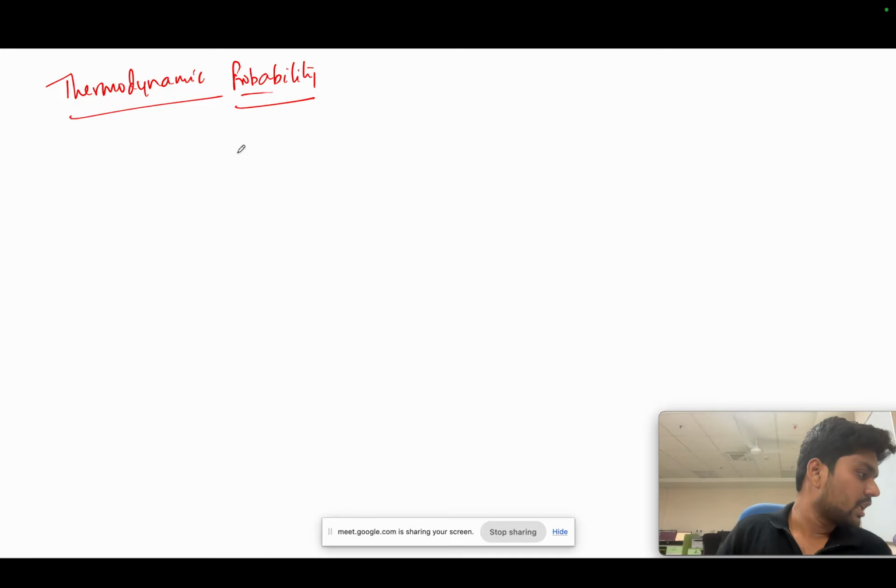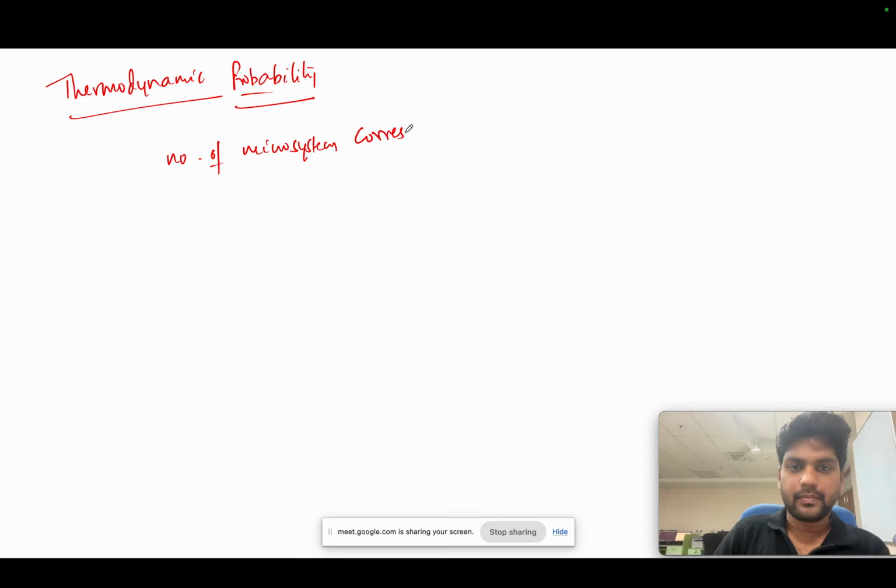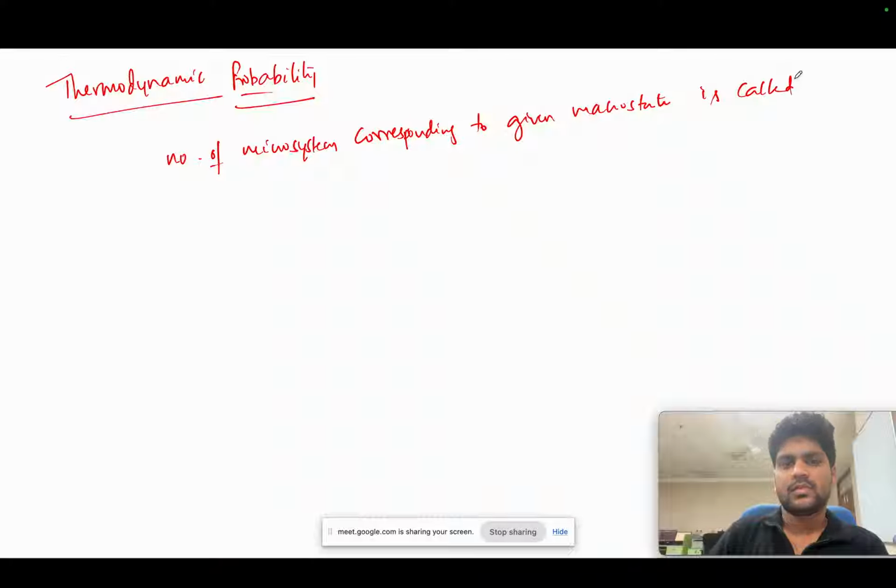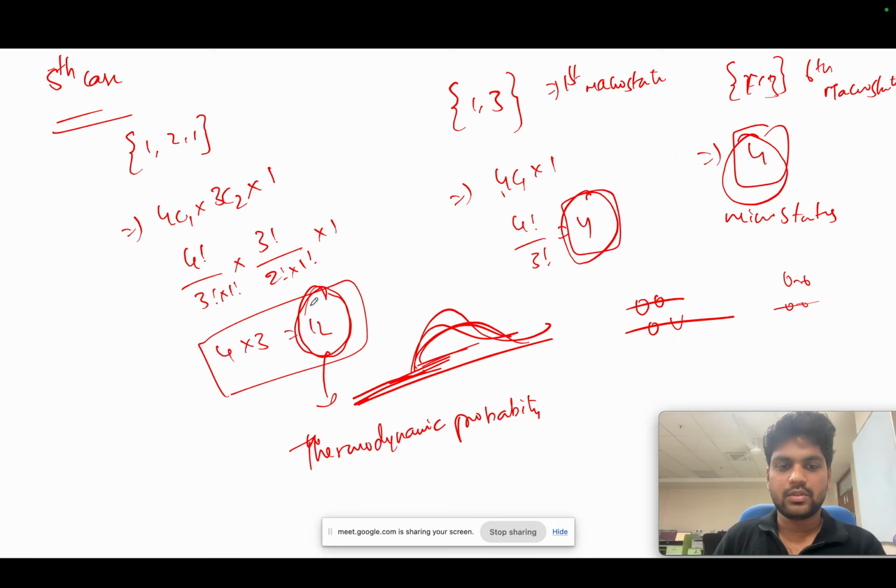So what does it say? The number of microsystems corresponding to a given macrostate is called... so basically it's nothing but these values.